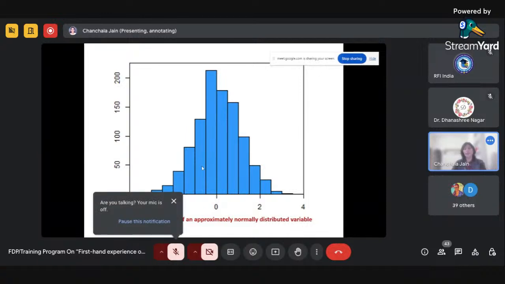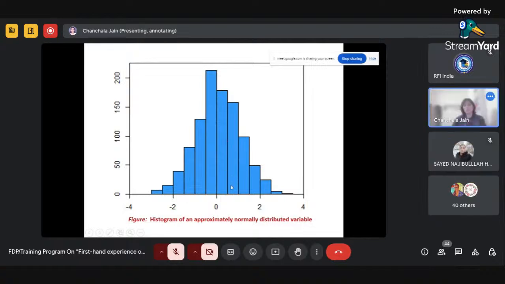But if the proportion of the bars is not the same, and the data shows such a distribution, in that case also we can say the data is approximately normally distributed, not exactly but approximately.